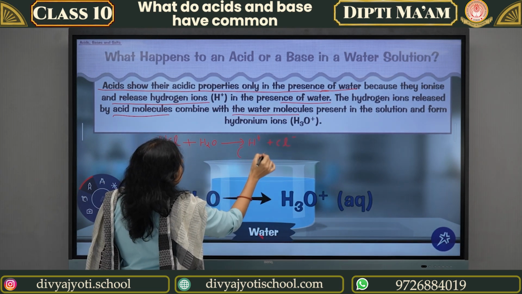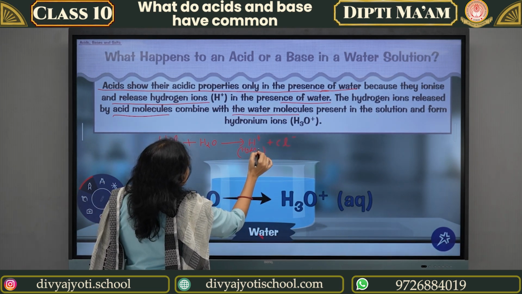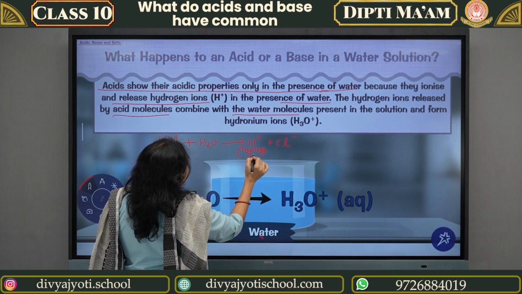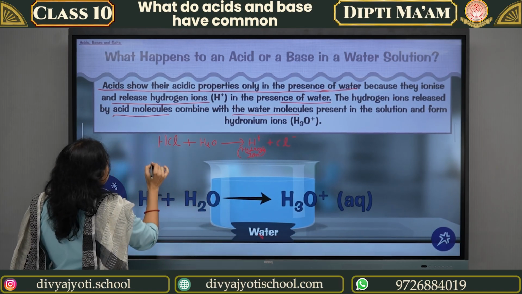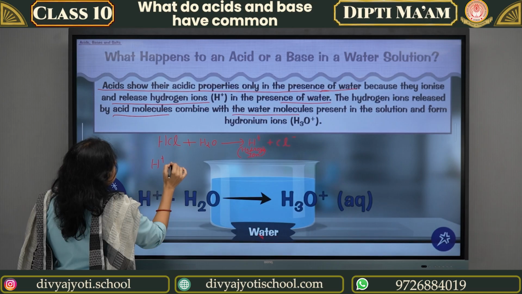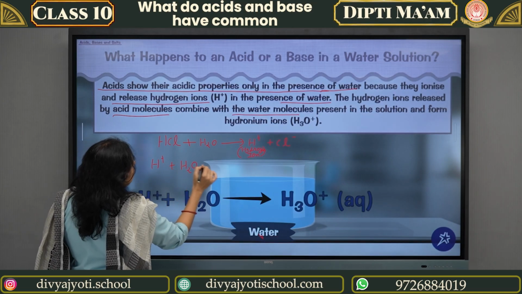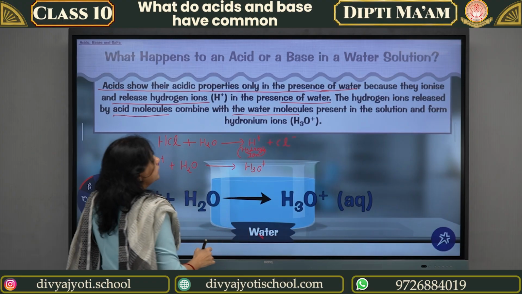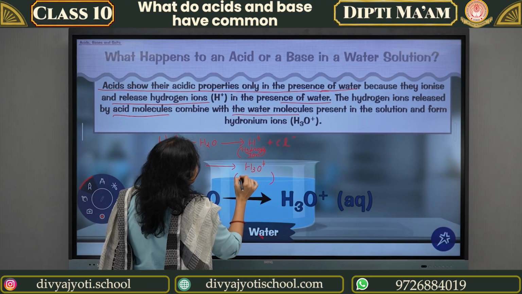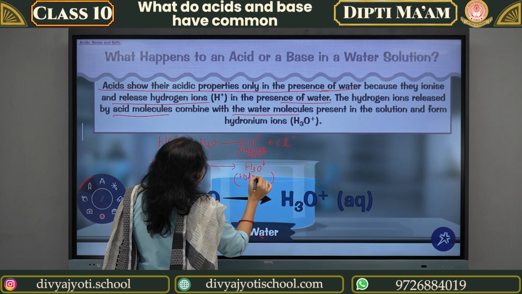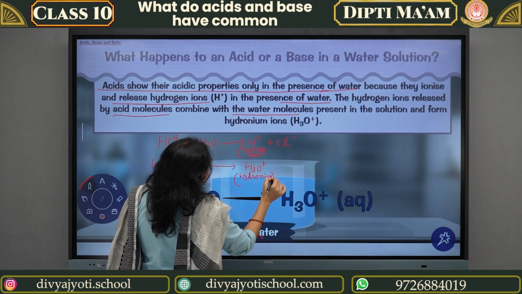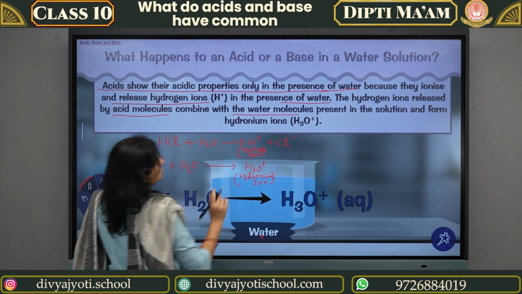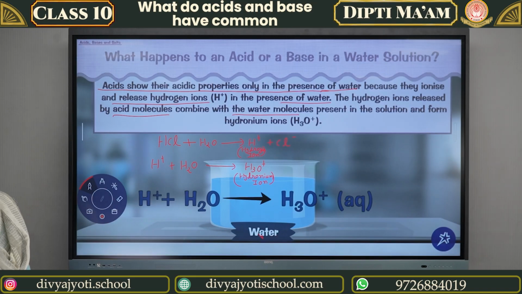The H plus is the hydrogen ion. Now this hydrogen ion again reacts with the water molecule which is already present in the solution. Then it is converted into the H3O plus ion. The name of the H3O plus ion is the hydronium ion. This is the hydronium ion.